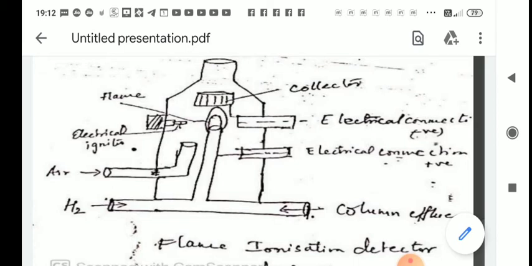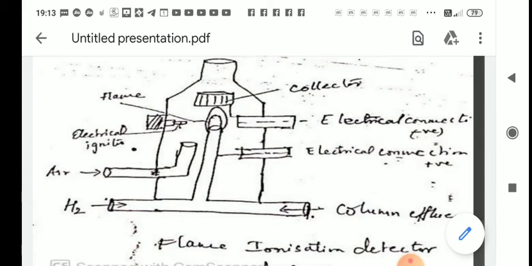That will result in a very large current even if small quantities of phosphorus or nitrogen are present in the compounds coming from the column. So that is why the sensitivity to nitrogen and phosphorus is more.